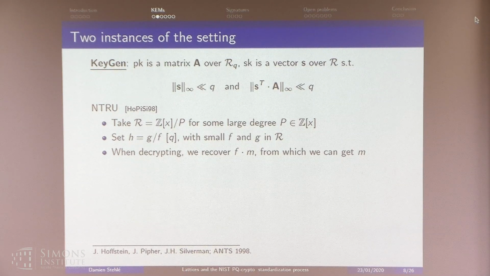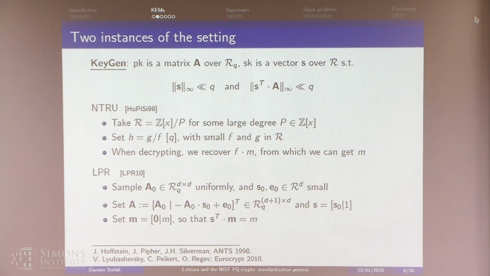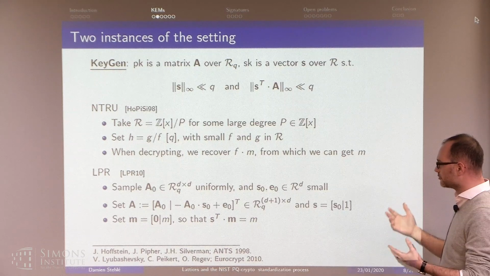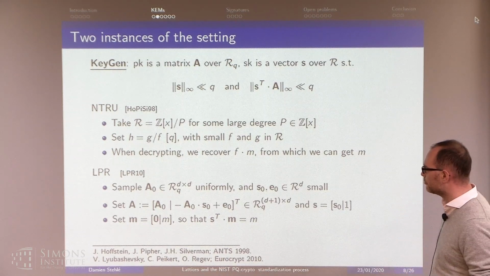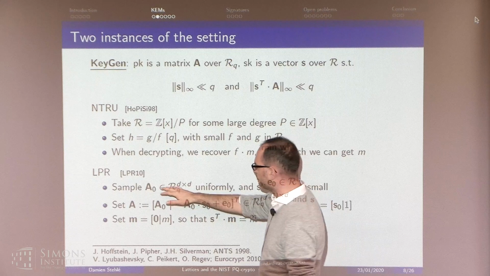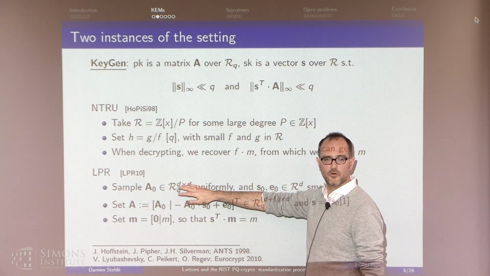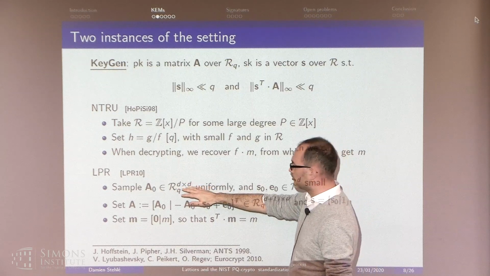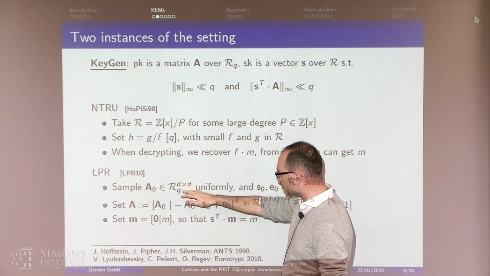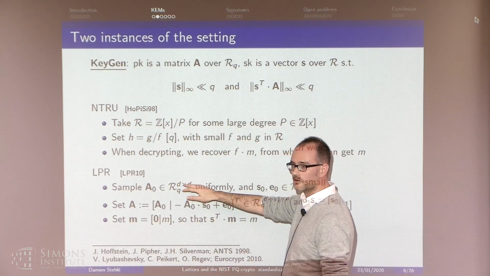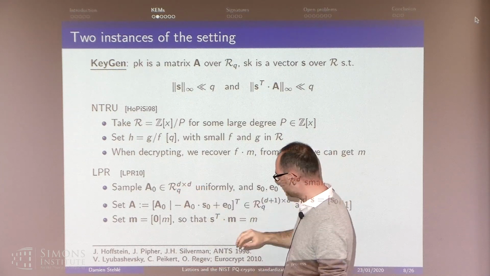Okay, and then there is another strategy that we often attribute to Lyubashevsky, Peikert, and Regev. So it works in the general LWE setup. So we have a matrix A0, which would be uniform. So here R_Q could be a polynomial ring or Z_Q, a large matrix over Z_Q, or a polynomial ring, or matrices over polynomial rings.